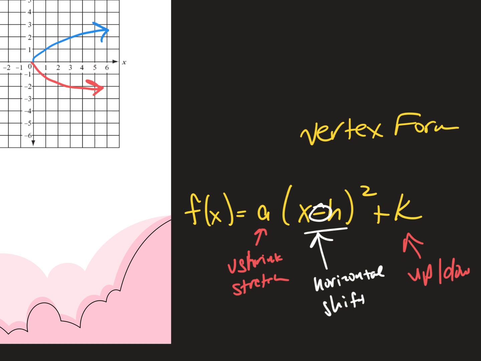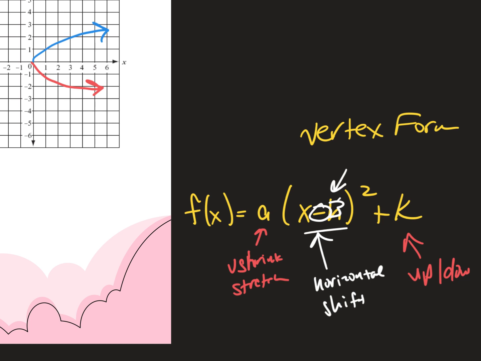What sign is inside here? Negative. So if I were to plug in a positive number, say 3, what does it look like in the formula? It would say x minus 3. If I want to move this thing right 3 units, I would plug a 3 in right here, and it looks like a minus in the formula.